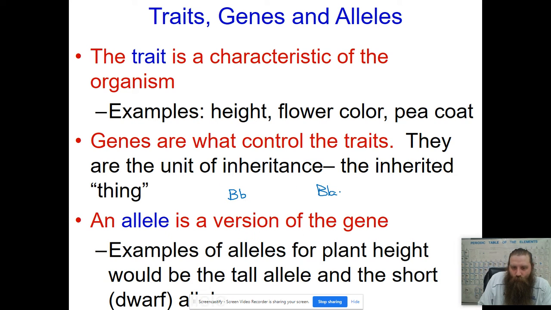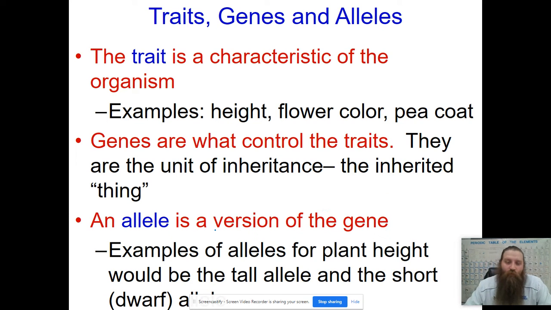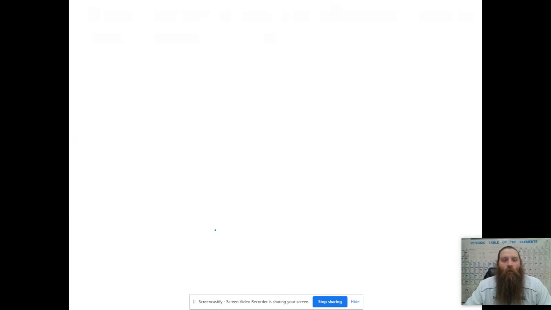So if black fur is dominant, we give it the big B. And so white fur, we're going to say is recessive. Remember, we have to keep the same letter, so that would be little b. Okay, so that's just a trait. Depending on which genes you get, that's the traits that are going to show up. You can't have something expressed that you don't have a gene for.